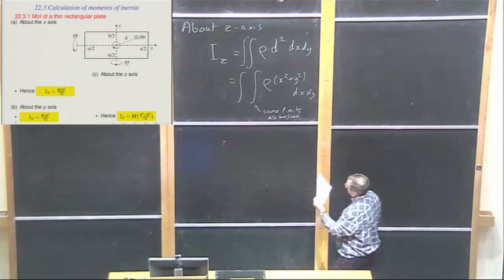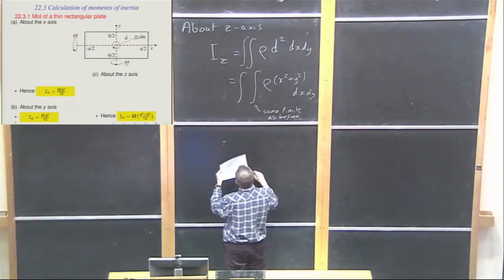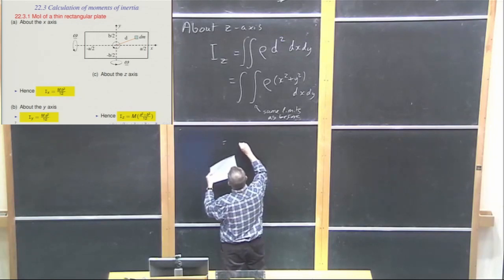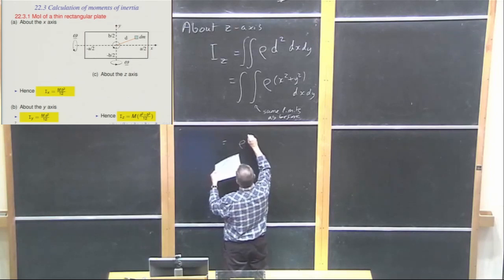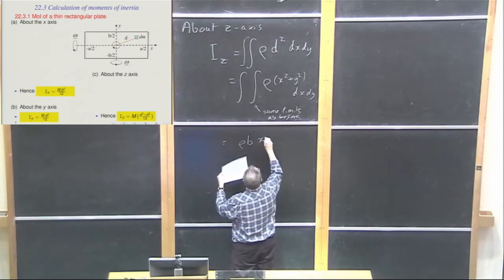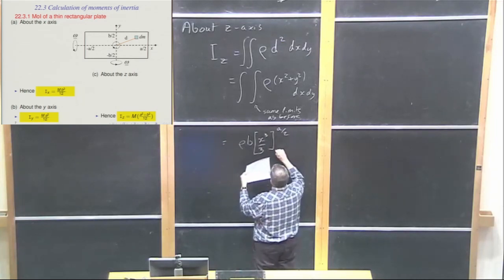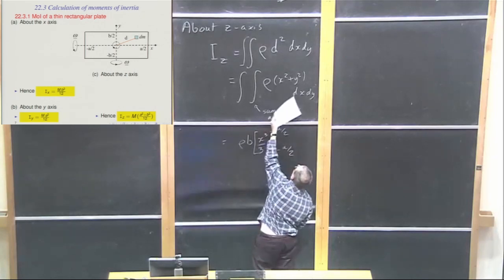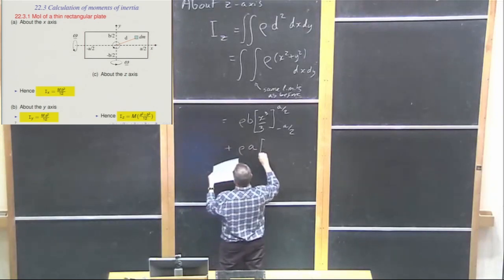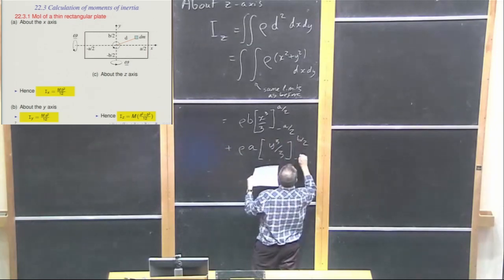Now if we do this integral, firstly integrating the x contribution, this is going to give me rho b times x cubed over 3 from minus a over 2 to a over 2, and then the y one will give me plus rho a times y cubed over 3 from minus b over 2 to b over 2.